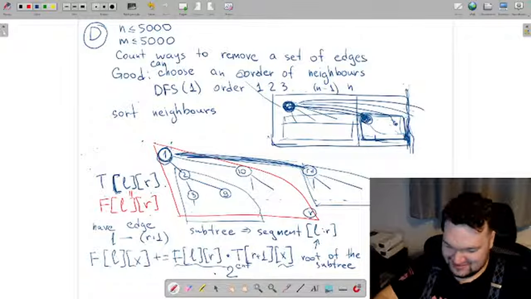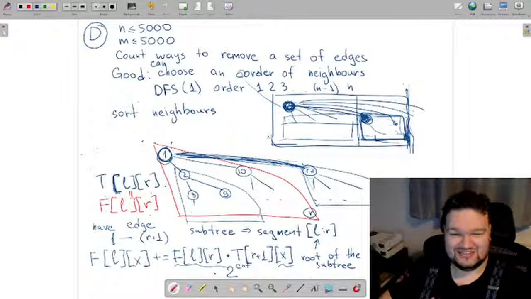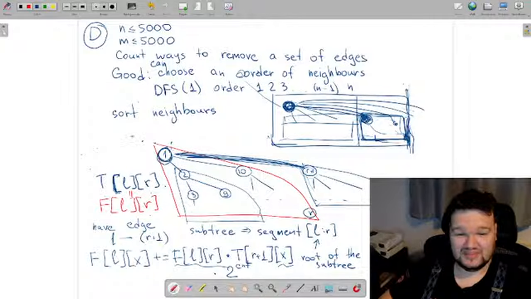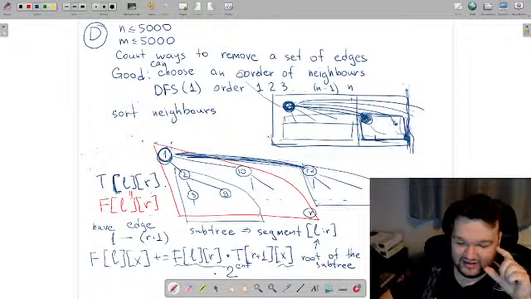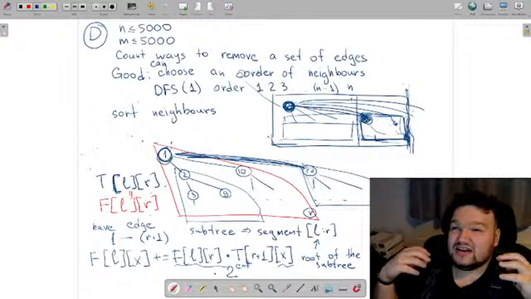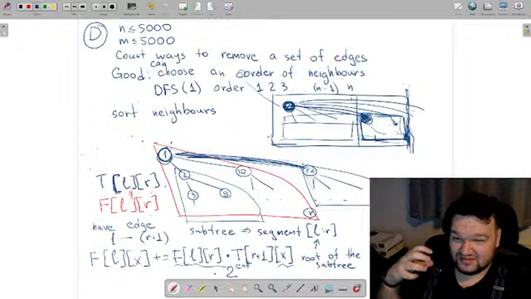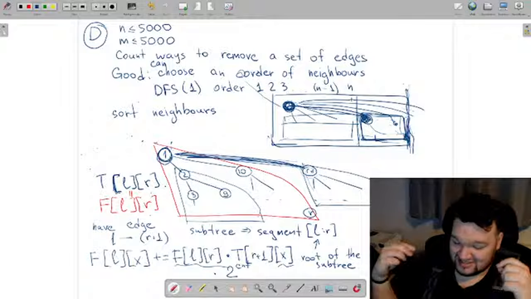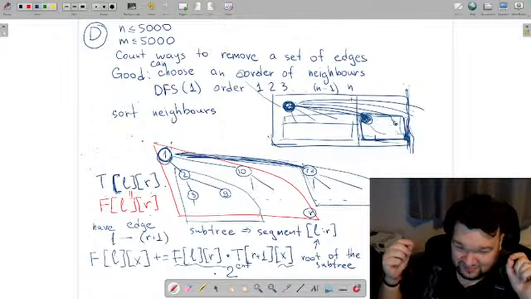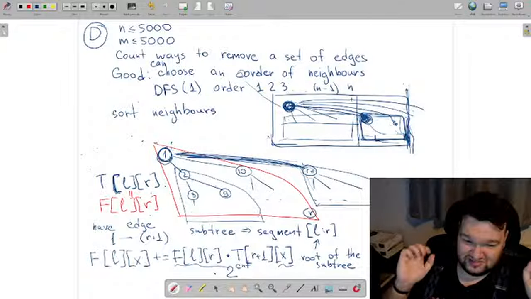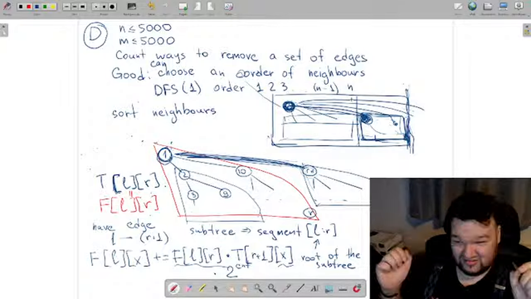Can I do a fast recap? Well, I can try. So our main idea is that our DFS order is sorted, which means that a subtree of the DFS tree is a subsegment in the DFS order, but our DFS order is sorted, so every subtree is just a segment of vertices.